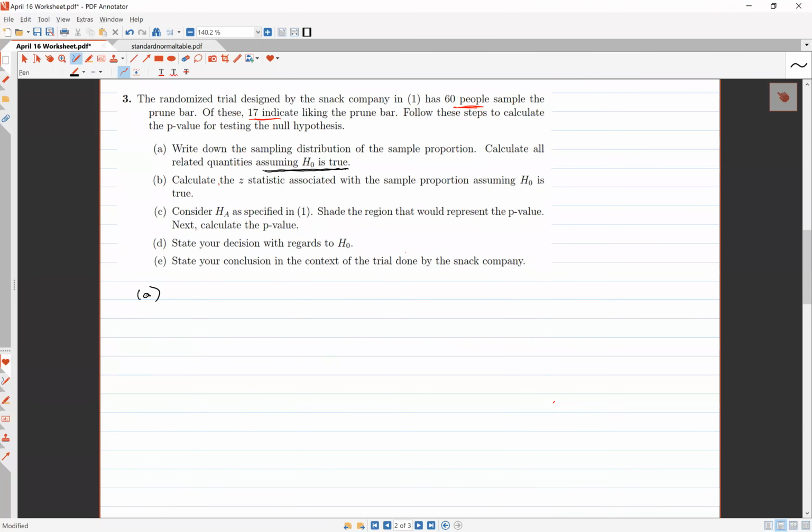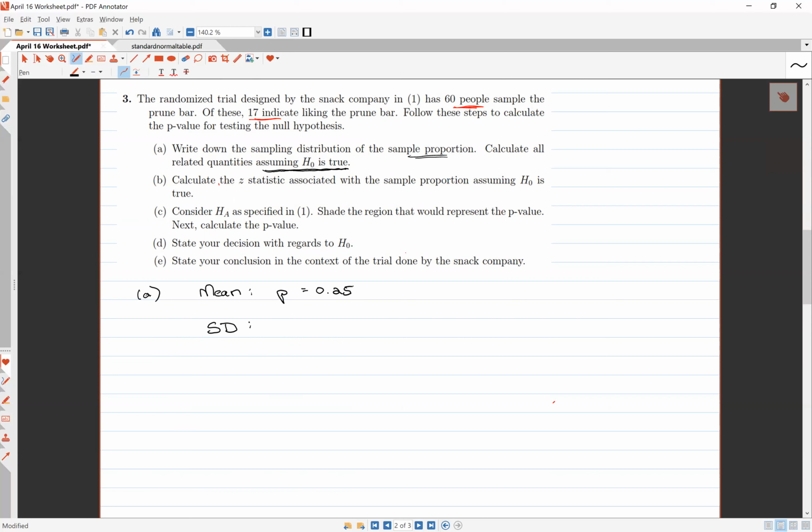So in that context, when we're talking about the sampling distribution of a sample proportion, the sampling distribution has a mean and it has a standard deviation. The mean of the sampling distribution of a sample proportion is always just the proportion itself.